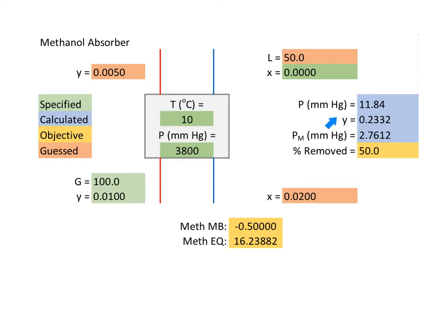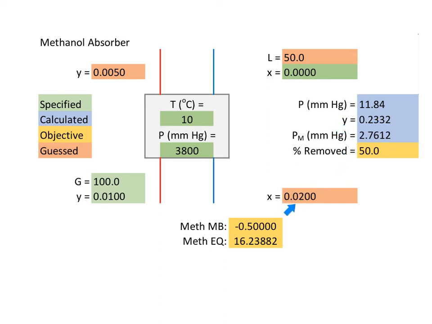The equation used to calculate Y was also based on this mole fraction in the liquid phase, and a logical statement in this cell determines which equation will be used to calculate Y. This mole fraction is not the same as the mole fraction in the gas leaving the absorber. It's the fraction of this 11.84 that is due to the methanol.